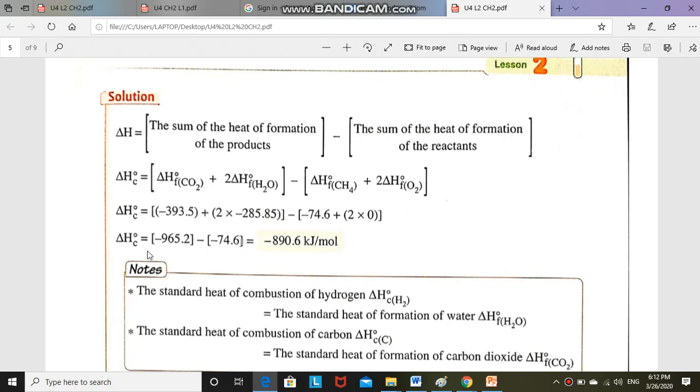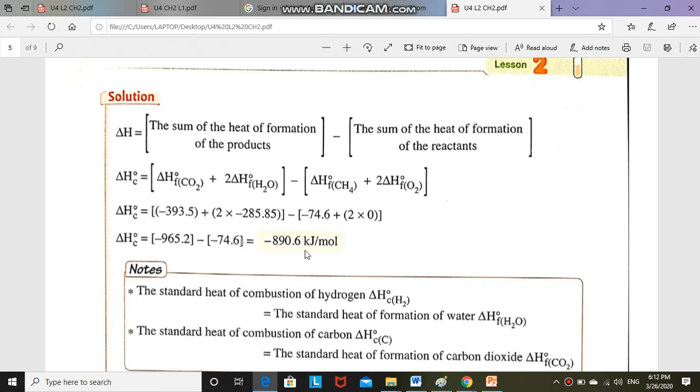So delta H of combustion equals negative 965.2 minus negative 74.6, equal to negative 890.6 kilojoule per mole.